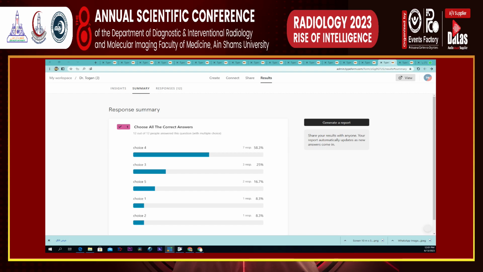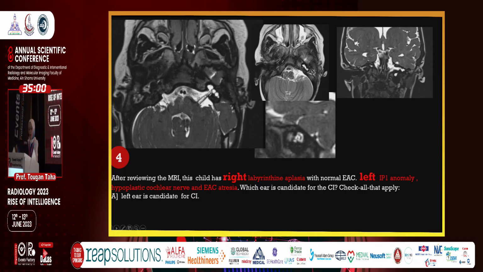Yes, it is hypoplastic cochlear nerve. After reviewing the MRI, this child has right labyrinthine aplasia with normal external auditory canal, left IP1 anomaly with hypoplastic cochlear nerve and external auditory canal atresia.